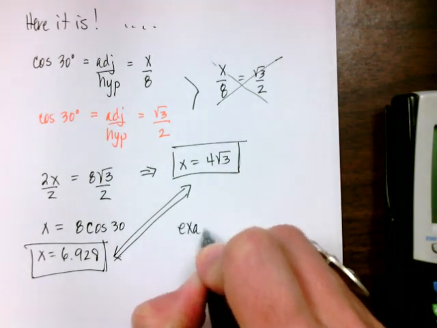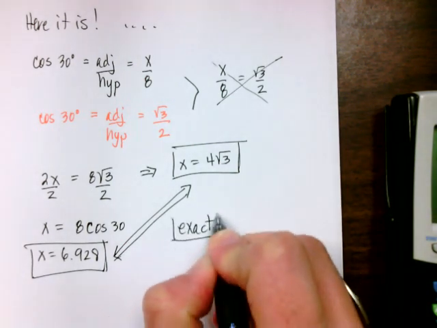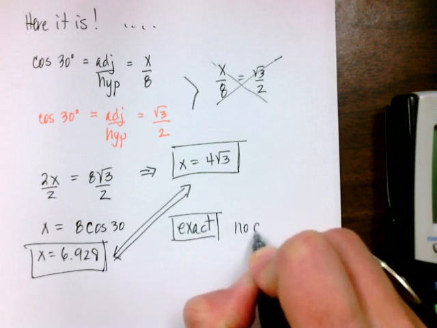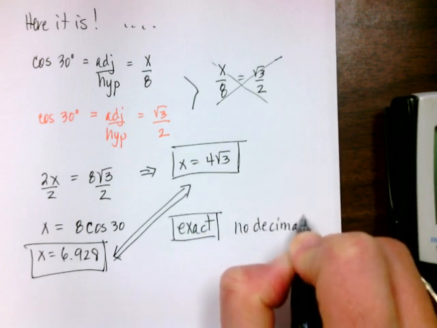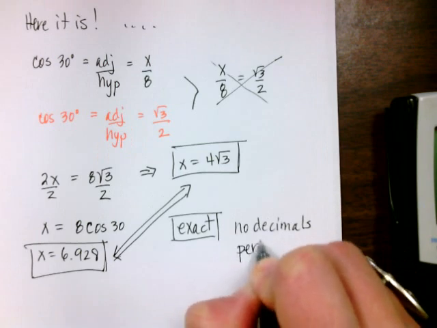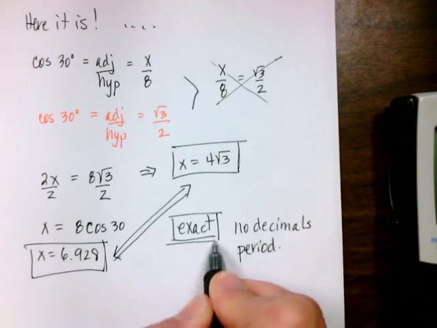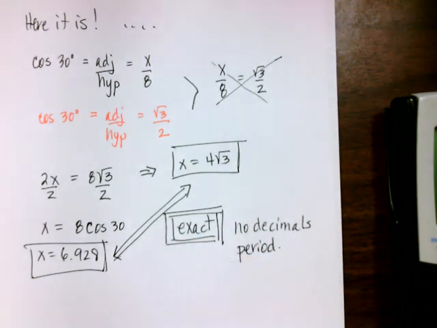If anything says exact, that means no decimals, period. If it doesn't have the word exact in the directions, then you could actually use the decimal equivalent for your answer. Okay, so I will be pretty specific when I do a problem whether I want your answers in exact form or if I want it as a decimal. Okay? Alrighty, so that gives you 2 different ways to do the same problem.